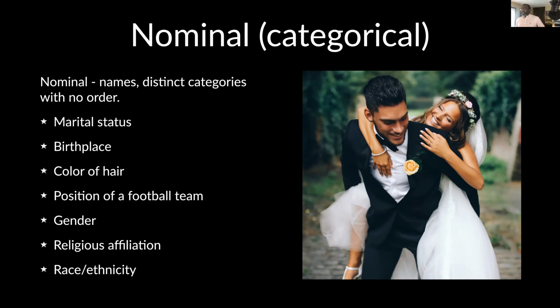If I said I'm going to put men on top every time, we have a problem. If I said that white folk were above black folk, I have a problem. If I said Protestants were better than Catholics, we'd have a problem. So if I'm going to put these things in order and create some social division here, then it's probably nominal, right? Does that make sense?